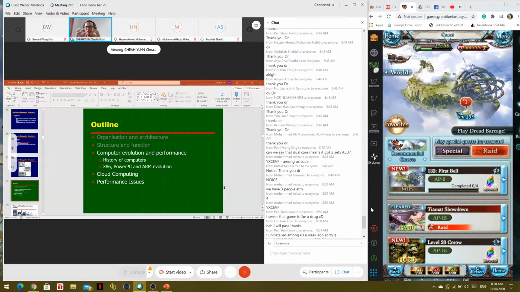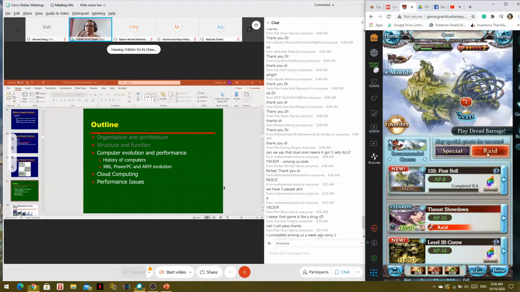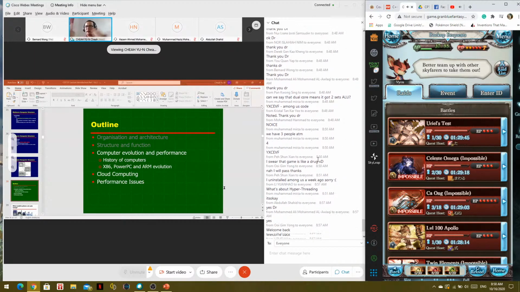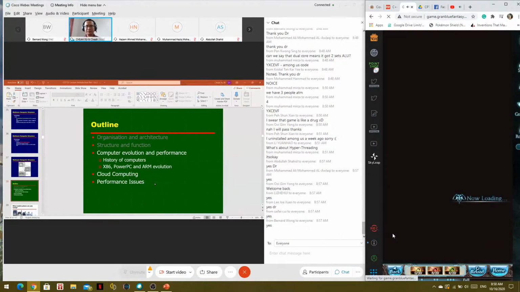But internal to each core, there will be some logic, and that logic guides the control of how the data moves and all that. So yeah, some form of control is also present in the core as well.